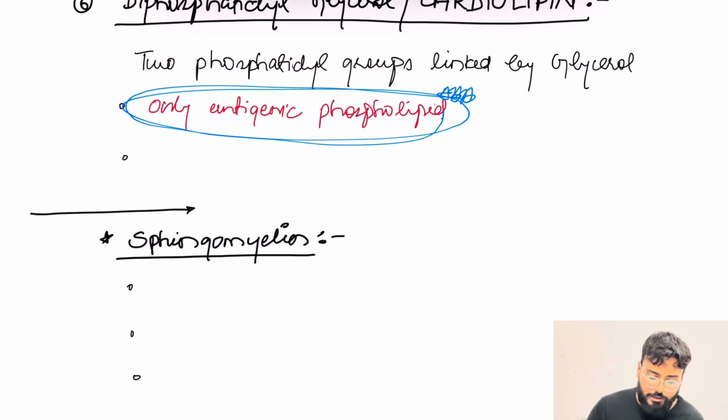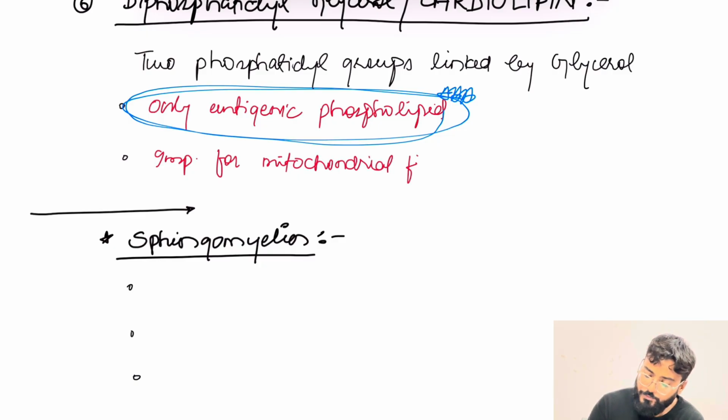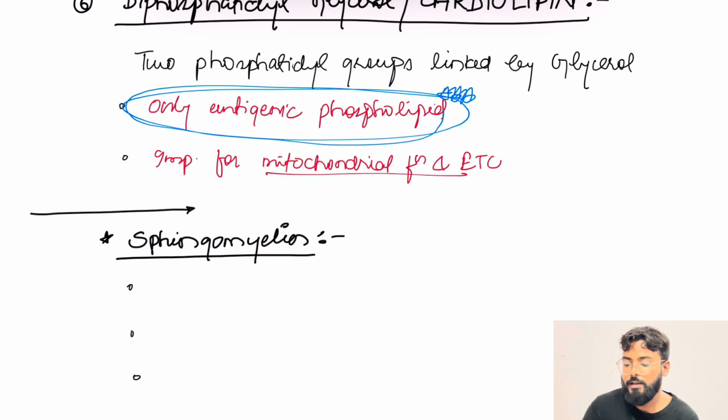The next function is that it is important for mitochondrial function and electron transport chain.